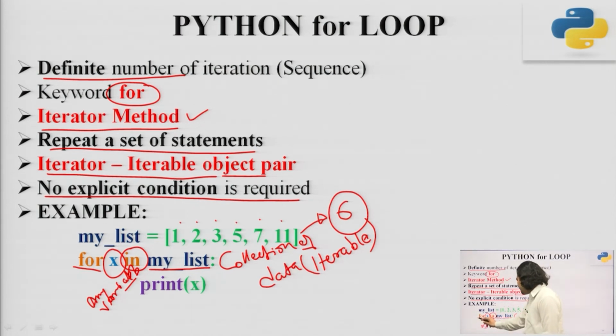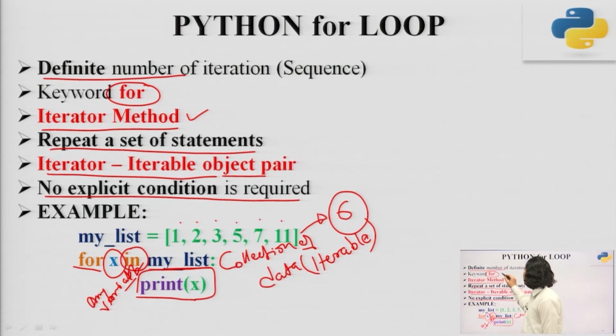So, this is the syntax: for followed by any variable, just like an index variable, followed by in. What is in? It is a membership operator followed by the iterable, that is a collection of data. Then you are going to use the block of statements. This block of statements will be executed a finite number of times.